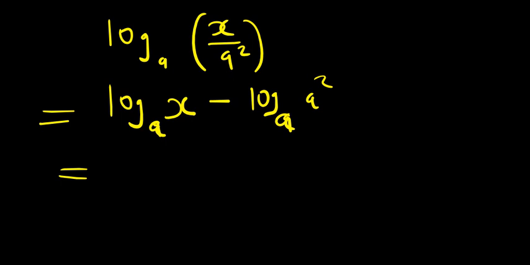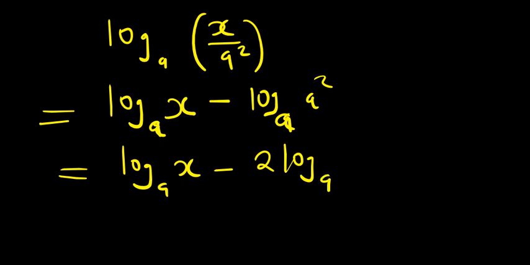I'm going to maintain the first one, log x. When I come to the other one, because it has a power, the power is going to drop. So I'm going to have minus 2, in this case minus 2, then log a base a.